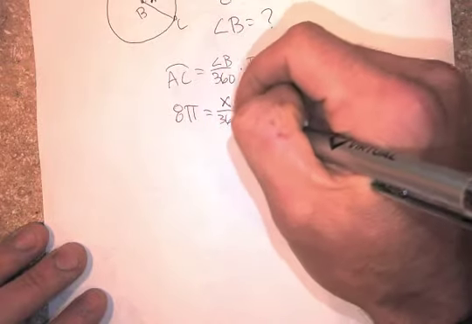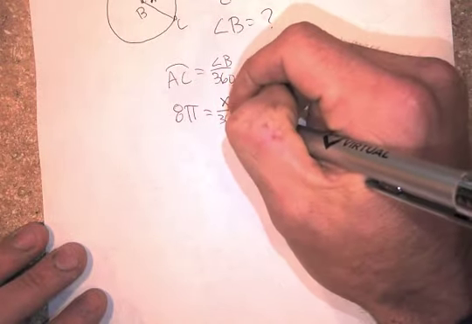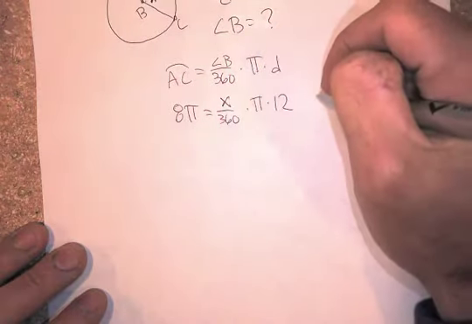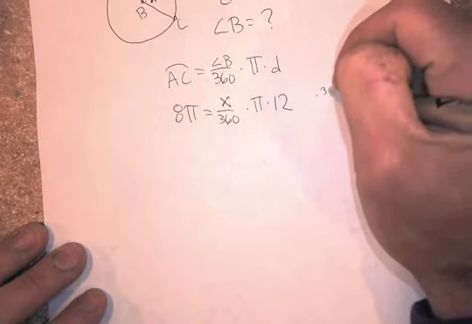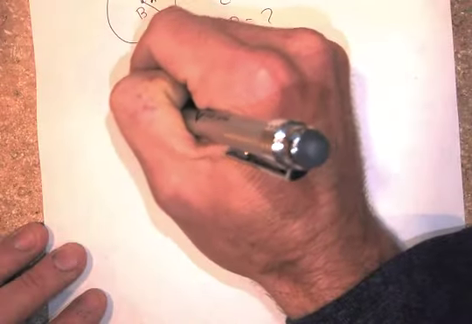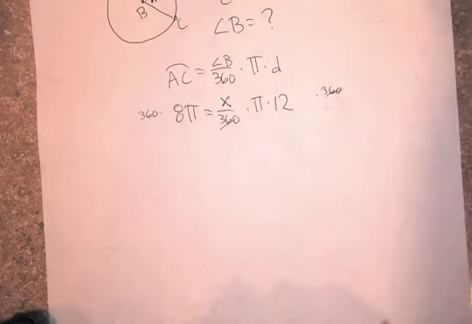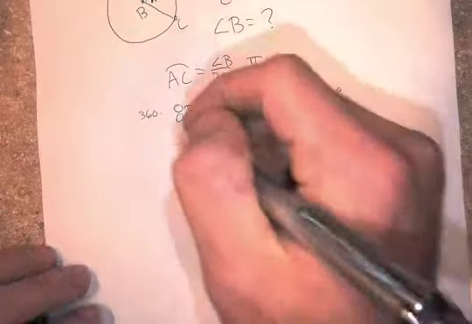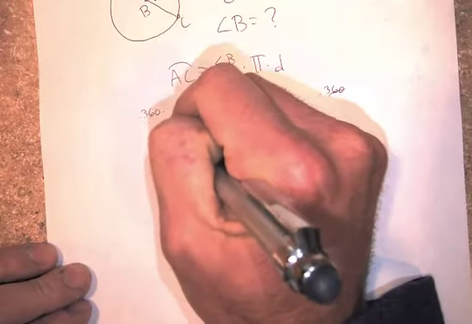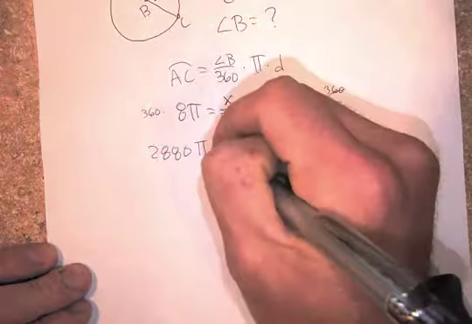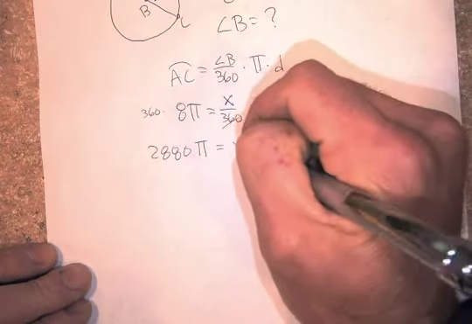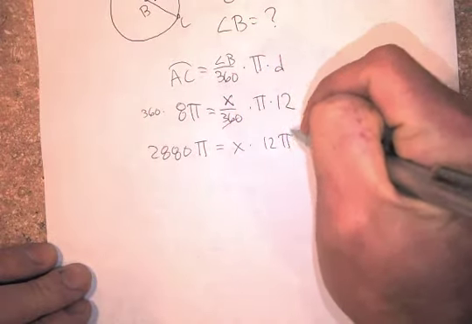You've got different options. The easiest thing I can see is just multiplying each side by 360 to cancel that out. Because that actually will cancel that. So 8 times 360 is 2880 pi, don't lose the pi there, equals x times 12 pi.